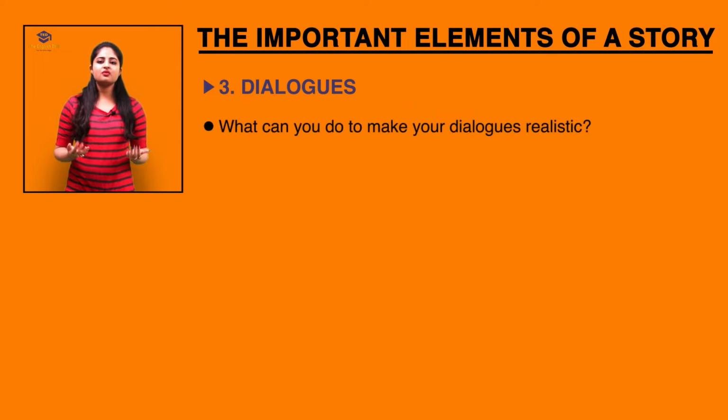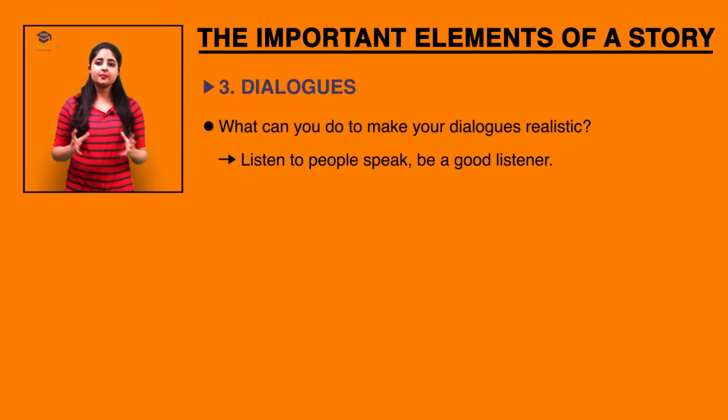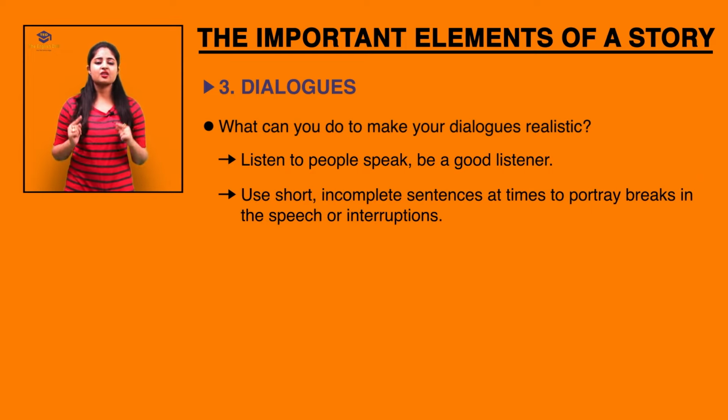Now, what can you do to make your dialogues realistic? Number one, listen to people speak. Be a good listener. You have to write your dialogues exactly the way they are spoken if you want to write realistic dialogues. Number two, use short, incomplete sentences at times to portray breaks in the speech or interruptions, especially when there are too many people, maybe in a group, all speaking together.